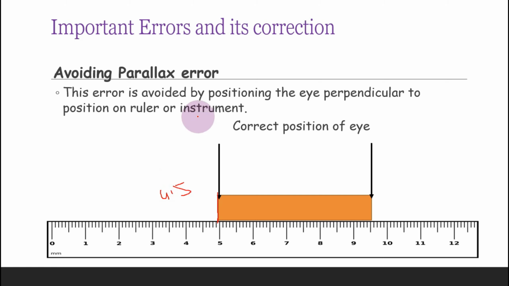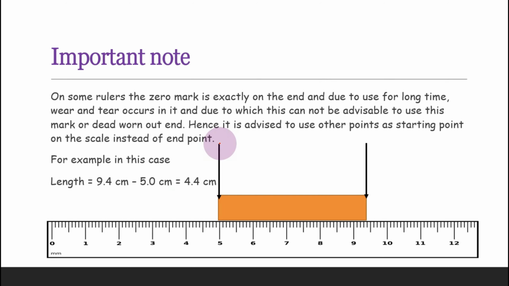This error is caused due to wrongly positioning your eyesight. So remember, students, your eyesight should be exactly perpendicular to the mark on the scale. This will avoid parallax error, and this error is very important for exams.